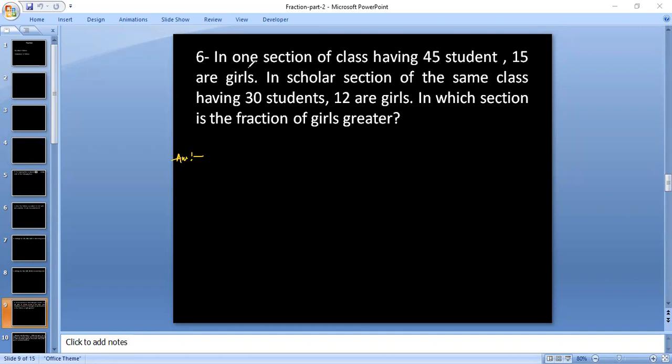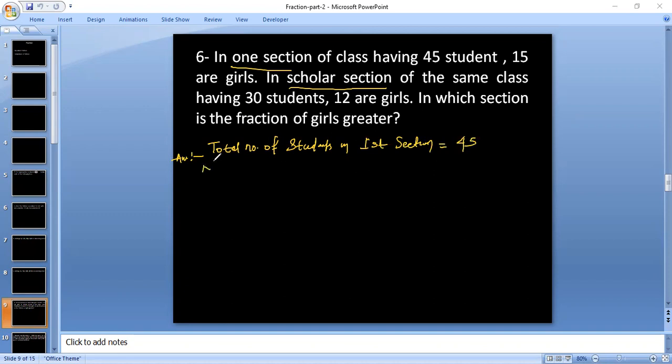So there are two sections. One is the first section and another is the scholar section. Total number of students in the first section is equal to 45.